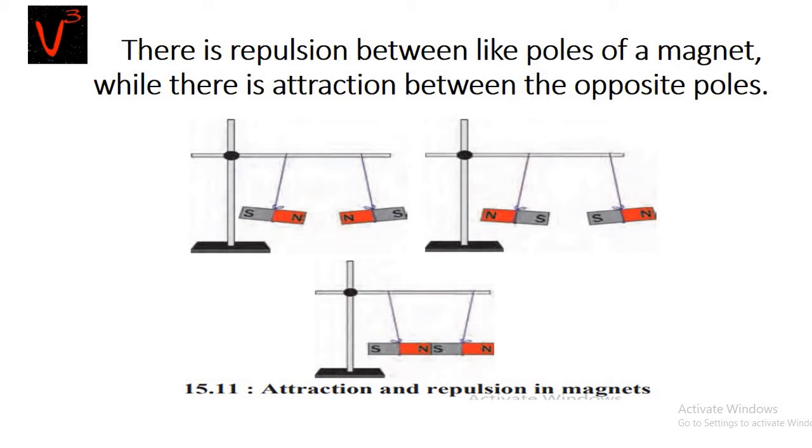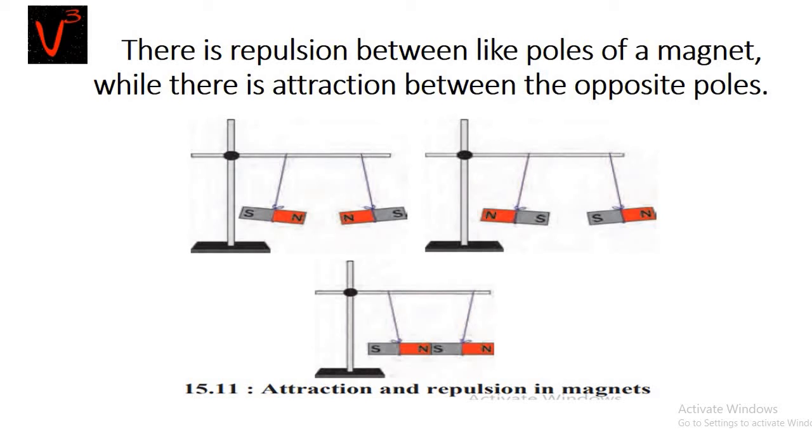Like poles means if north and north poles are brought together, they will surely repel. If south and south poles are brought together, they are also going to repel, as you can see in the image. But if north and south poles are brought near, then they are surely going to get attracted.